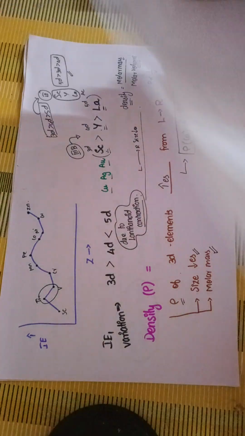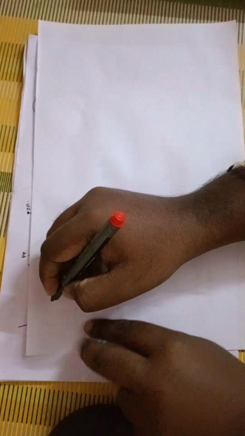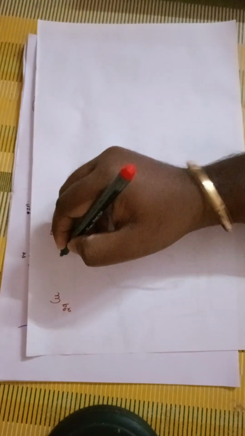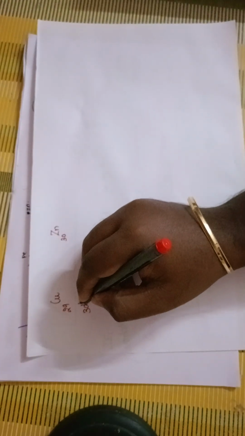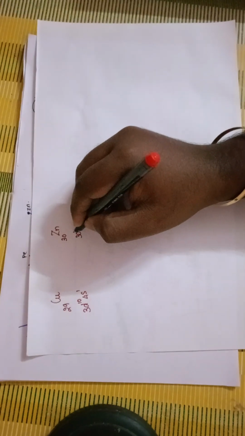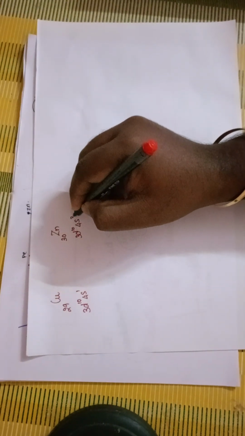We need to use an idea in copper and zinc. Copper has atomic number 29, zinc atomic number 30. Here the configuration is 3d10 4s1; here 3d10 4s2.